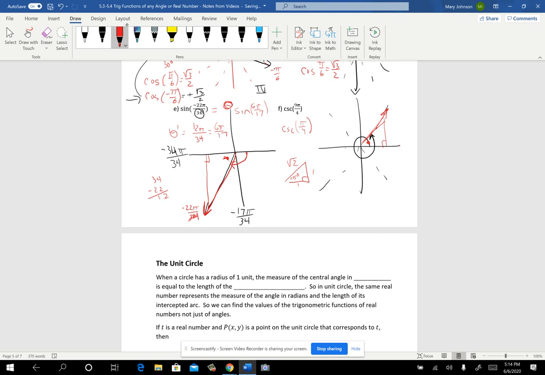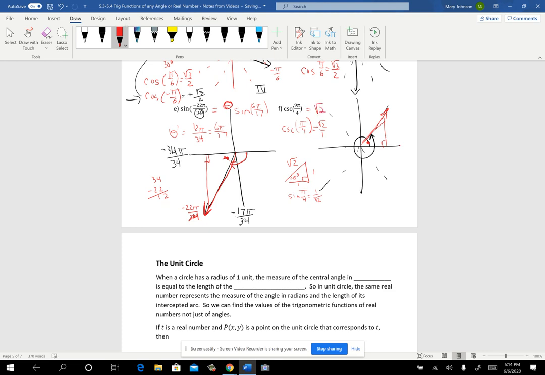Cosecant is related to sine. The sine of pi over 4 would be 1 over the square root of 2. But normally you would rationalize it, but I really don't want sine, I want cosecant. So the cosecant would be the reciprocal, square root of 2 over 1. And because I'm in the first quadrant, it's going to be positive. So that would be just square root of 2.